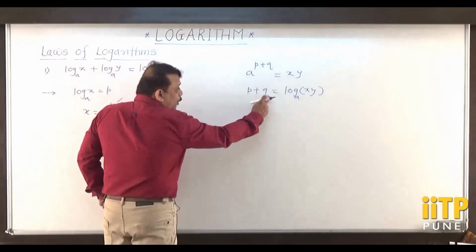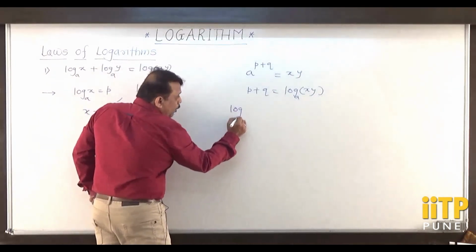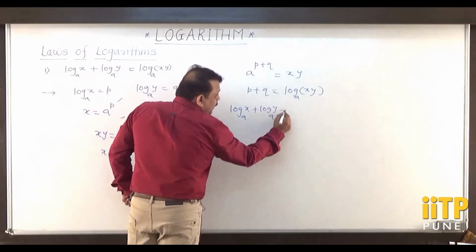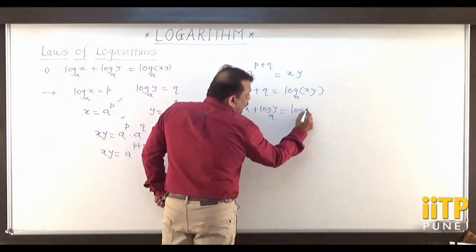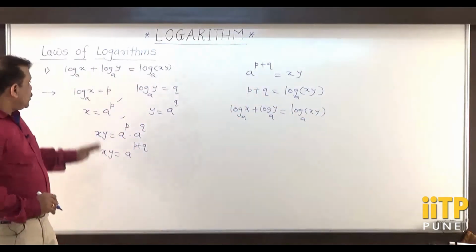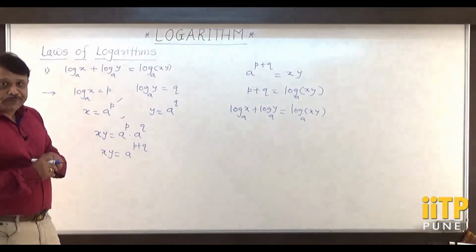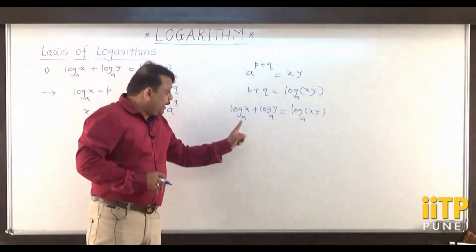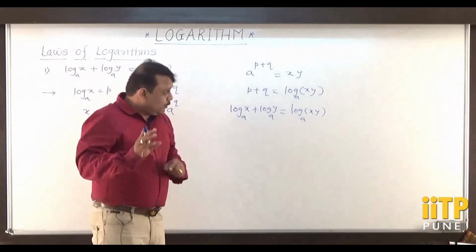So let us write for p and q: log x to the base a plus log y to the base a is equal to log of xy to the base a. So this way the first result is proved. So log x plus log y is log xy with the same base a.